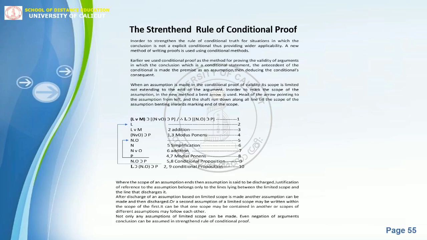Now first I have used the rule of addition on the second statement, and so it has become L or M, written as 2 addition. Now I will look for whether any derivation is possible, and I have found that 1 and 3 modus ponens is possible, and I numbered it as 4. Hence I get N or O implies P.